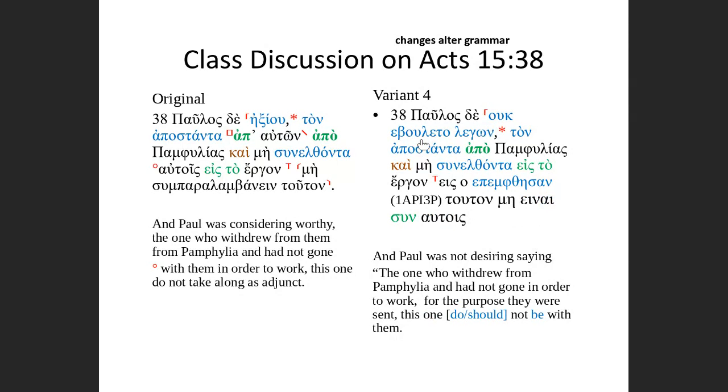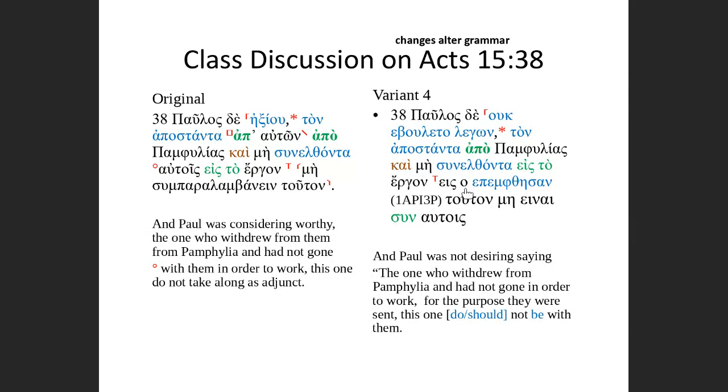Let's go with variant 4. Same change for uk balute legon ton aposton apo phali pamphilasi kai me sun e leonthon eston ergon eston.